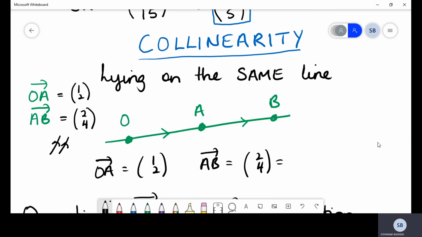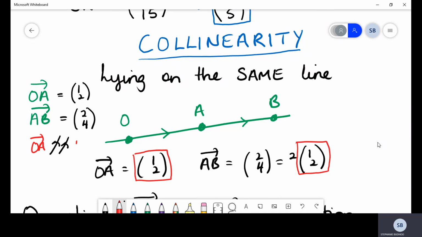We can factor out 2 such that we get 1, 2. And within brackets, you can see we have ended up getting the same thing. Therefore, we can safely say that the vector OA is definitely parallel to the vector AB.